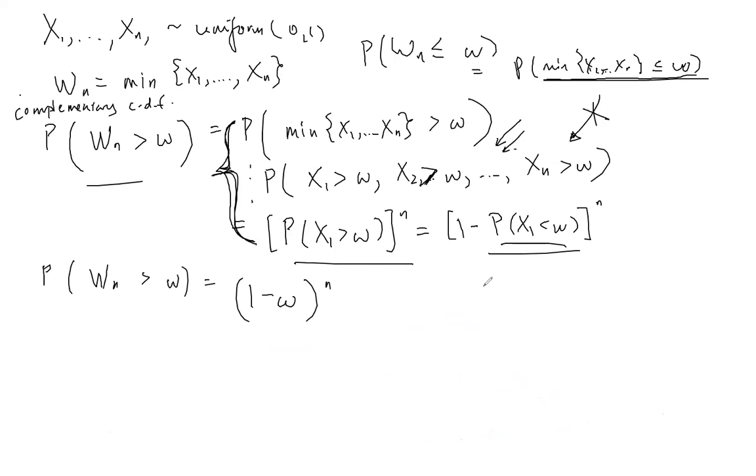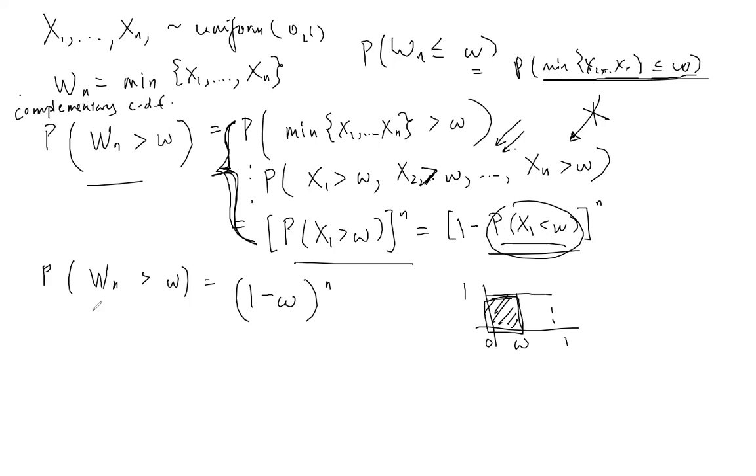Because again, this is uniform on 0, 1, so less than W, so it's this rectangle, right? So this probability is W, right?